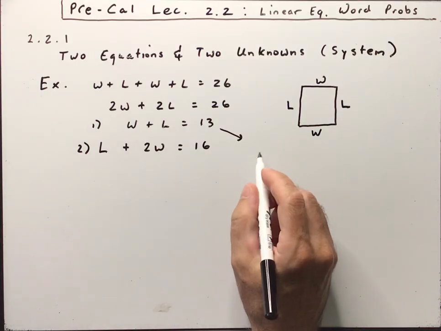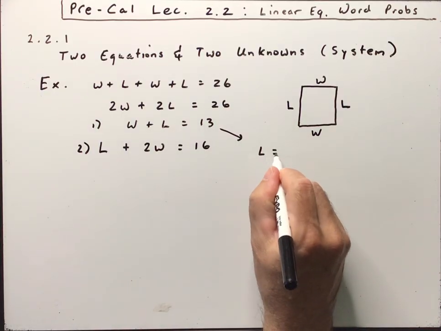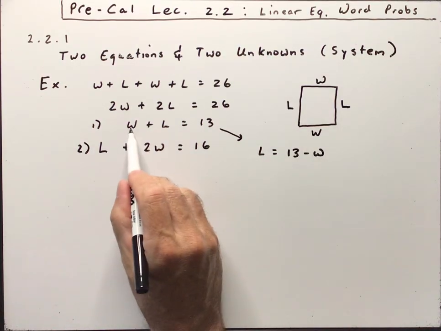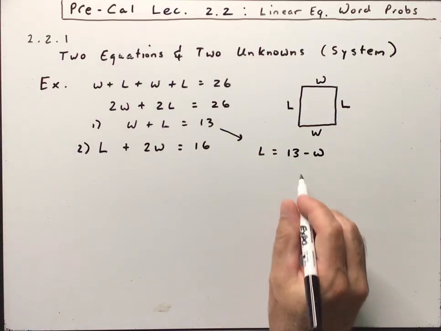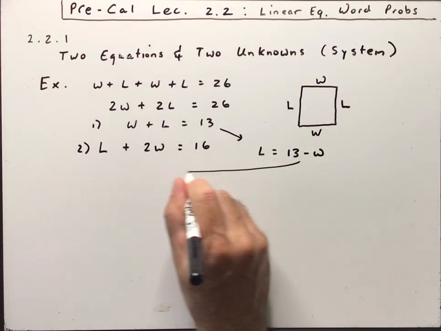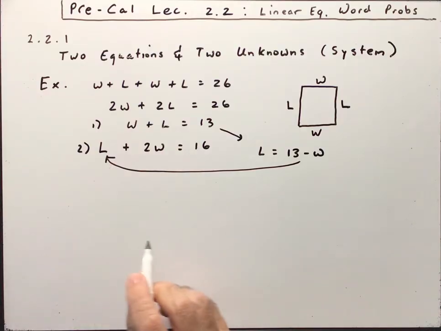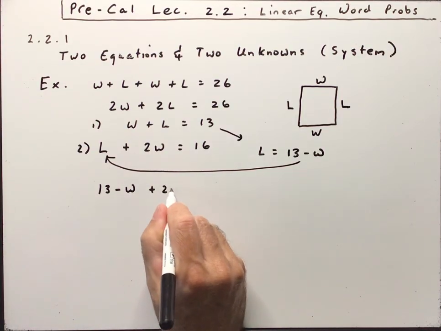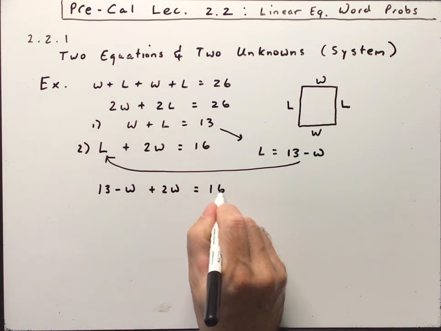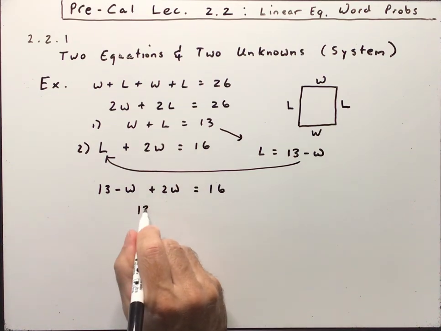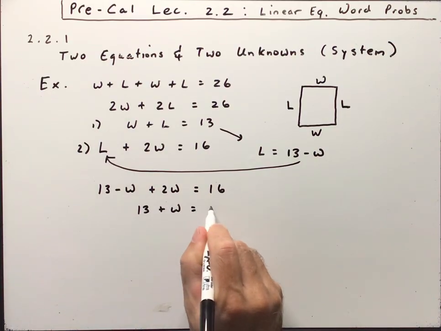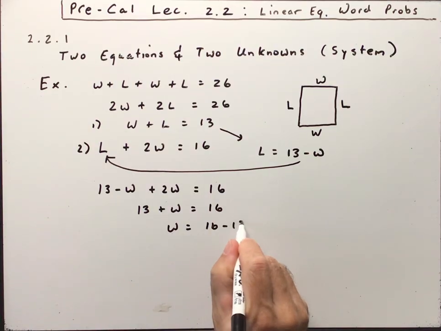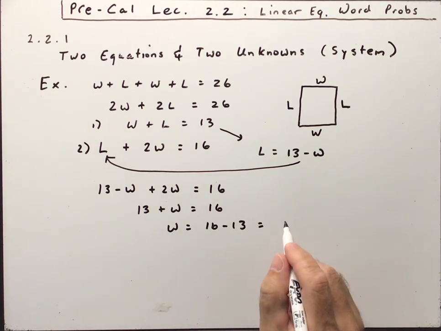Rearrange equation 1 into L is equal to 13 minus W, if we subtract W from both sides. And then I can plug that in right here. So I would have 13 minus W plus 2W is equal to 16. So 13 plus W is equal to 16. W is equal to 16 minus 13, which would be 3 centimeters.